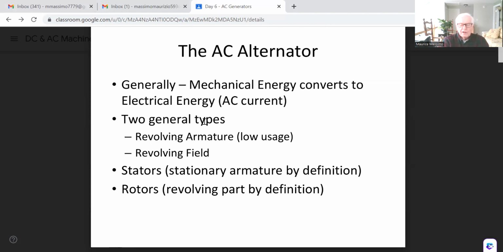And the other is the revolving field, which is brand new to you. But both types generate AC current. In this case, the stator, which by definition is a stationary part, and the rotor, which is a revolving part, also by definition.